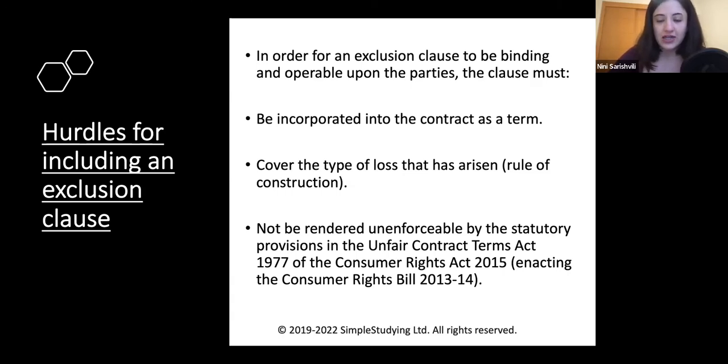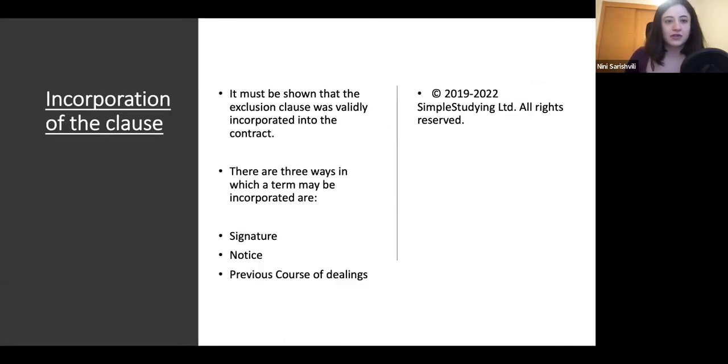Is it not rendered unenforceable by the statutory provisions in the Unfair Contract Terms Act and Consumer Rights Act? These statutes exclude a few circumstances in which an exclusion clause may be incorporated. So make sure that statutes like the Unfair Contract Terms Act and Consumer Rights Act do not exclude the existence of this kind of clauses.